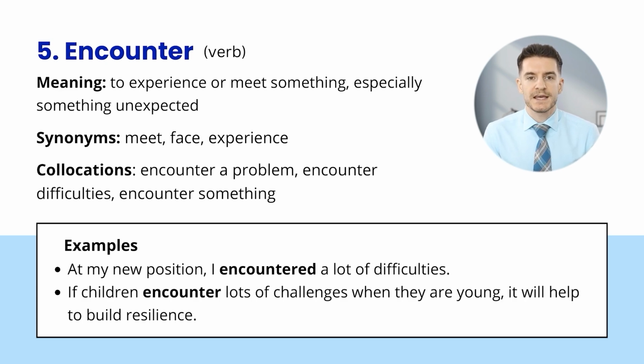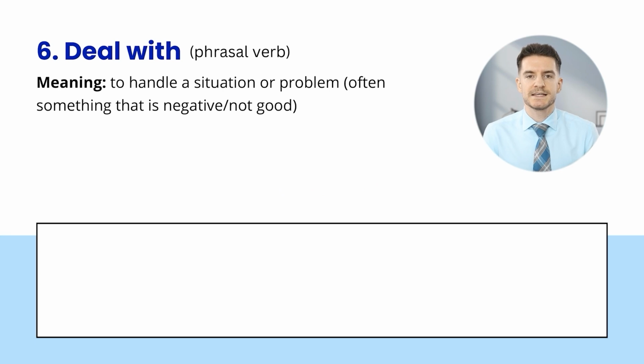If children encounter lots of challenges when they are young, it will help to build resilience. So this is saying if children face a lot of problems when they're young, it will help to build their resilience. So encounter is a great word to use when you meet something or you experience something, normally when it's unplanned.